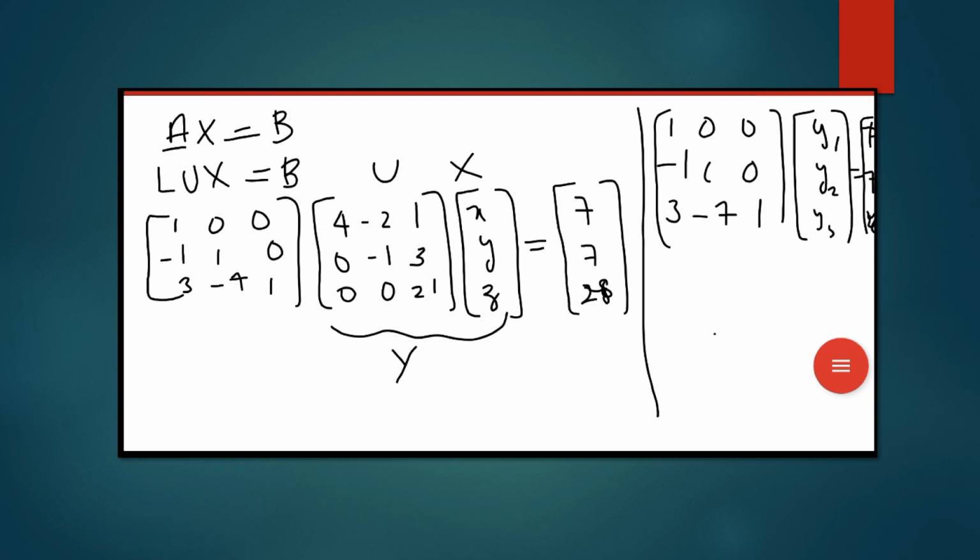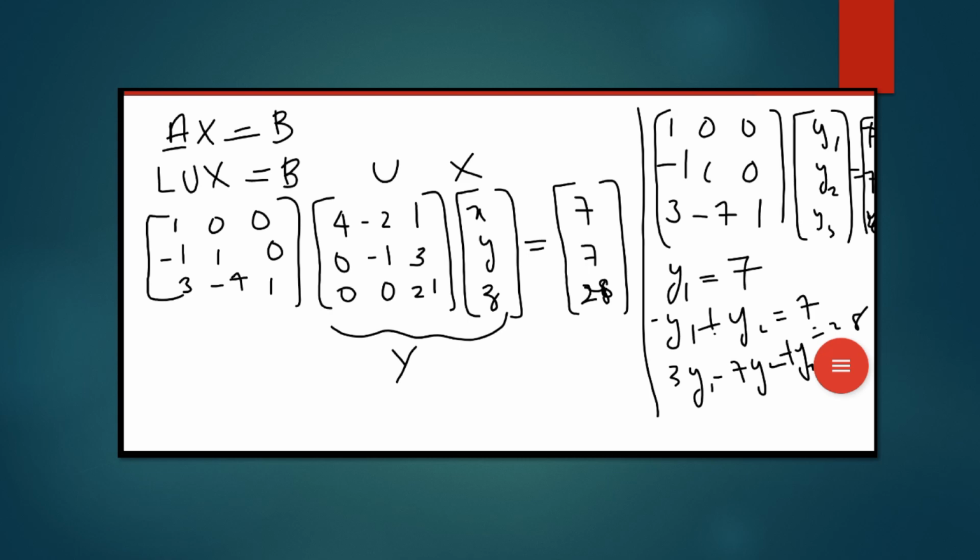Now we have to matrix multiply these two, that is 1 into y1 plus 0 into y2 plus 0 into y3 will give you y1 equal to 7. From the second equation you will get minus y1 plus y2 equal to 7. From the third equation we get 3y1 minus 7y2 plus y3 equal to 28.